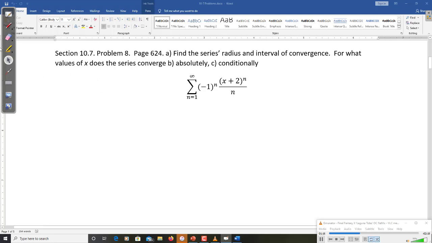On this problem, same instruction. We do our work again. For absolutely convergent, remember we're doing absolute values, so I can ignore this.